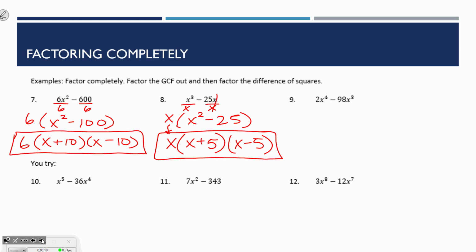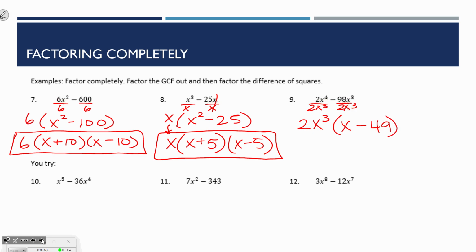So the third one here, again, I'm looking for a greatest common factor first. I notice that they have a 2 and then an x cubed, because I use, remember, the lowest exponent. So when I divide by 2x cubed, I'm going to get just x minus 49.